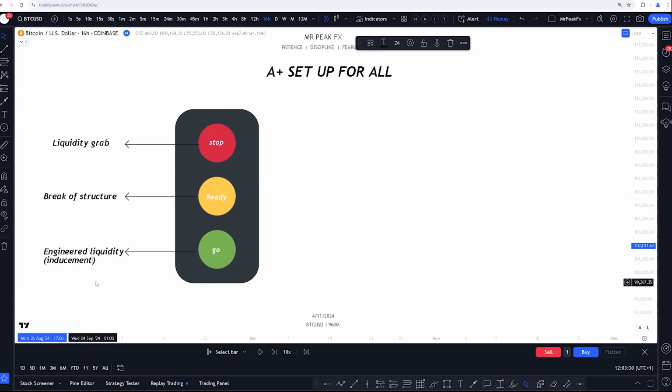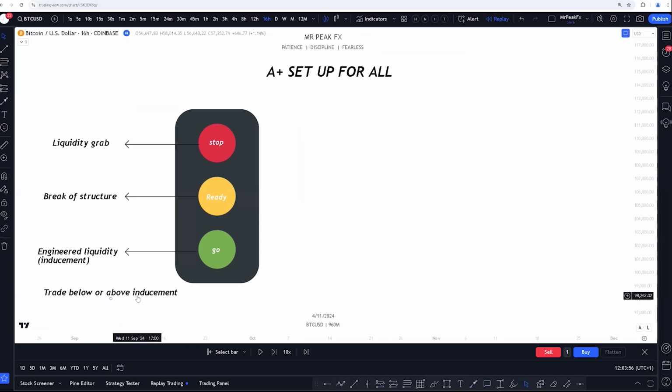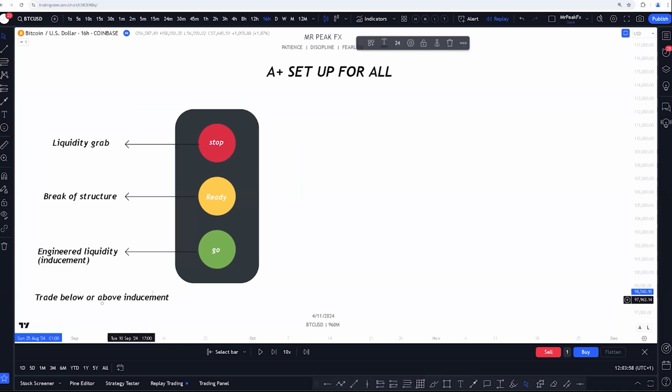All right. So once these are checked, then you are ready to trade, and always ensure that you trade below or above inducements. Inducement is liquidity, the liquidity that needs to be grabbed for price to receive sponsorship to move.